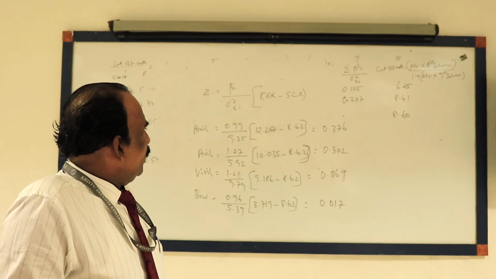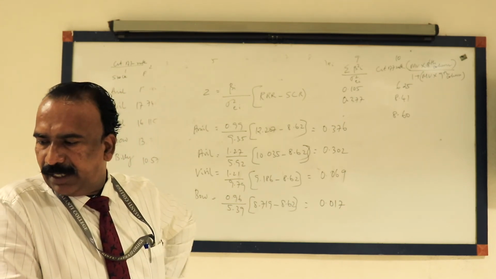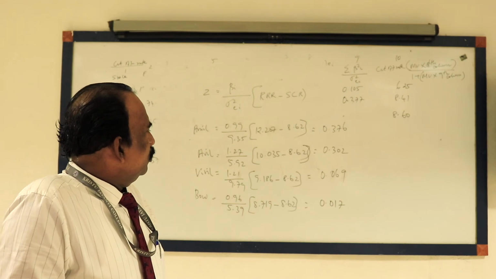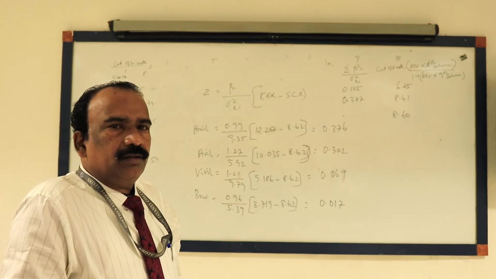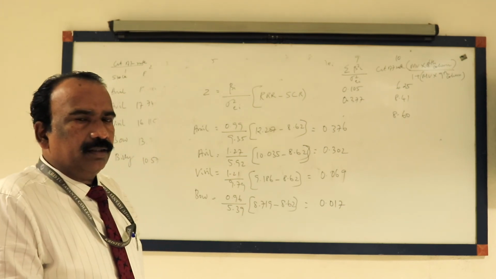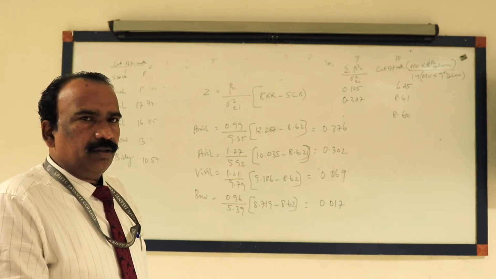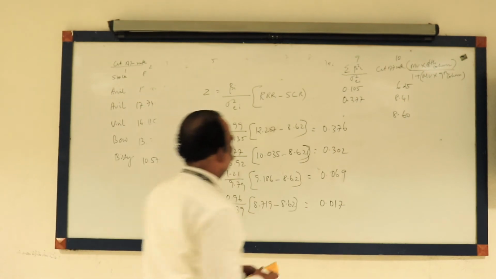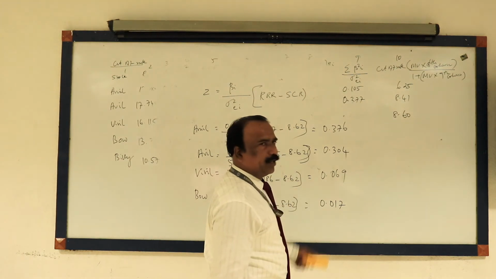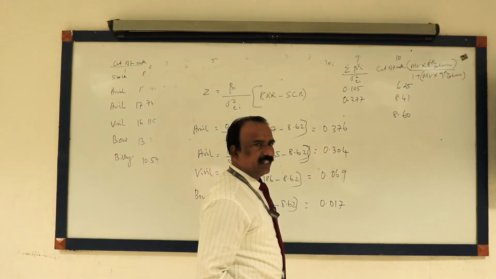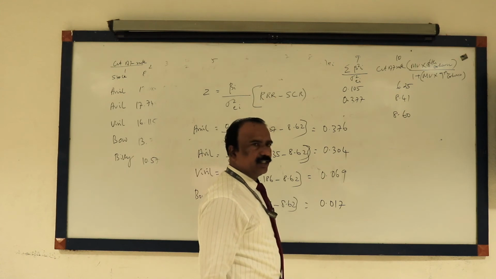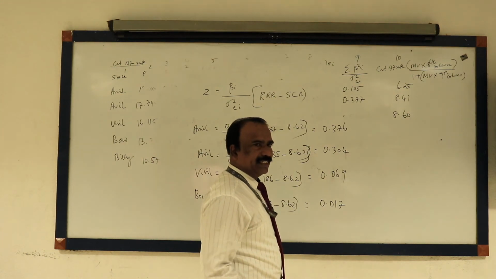Second one, 0.30355, that is 0.304. Third one, 0.069 or 0.070. Okay, 0.069 is all right. Then the last one is 0.018. Okay.